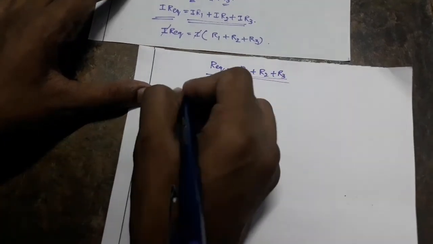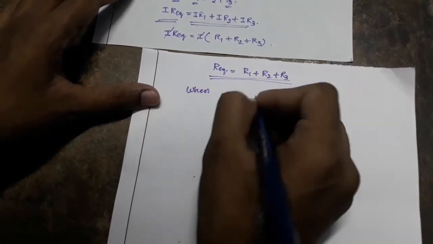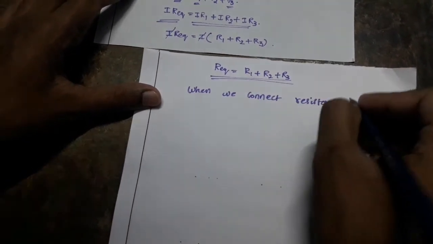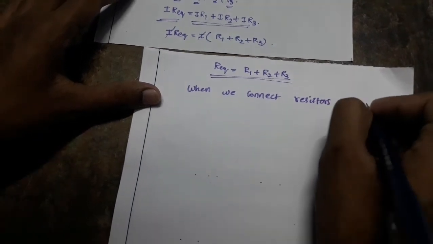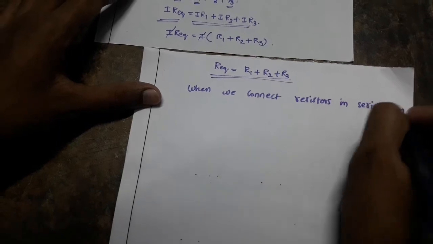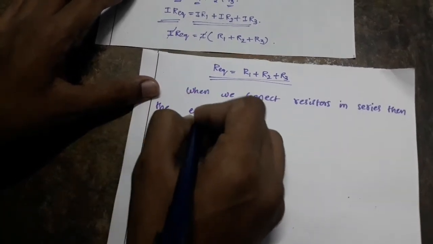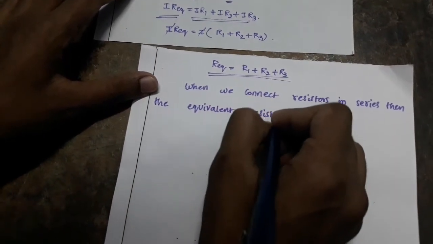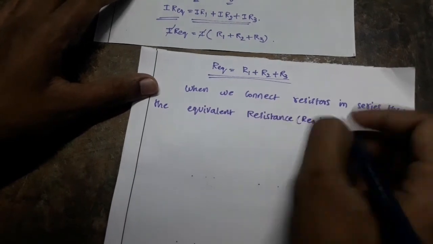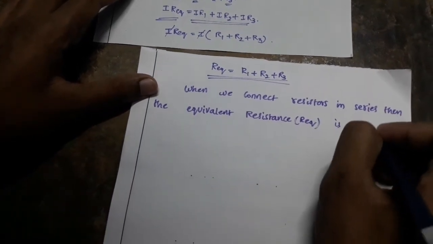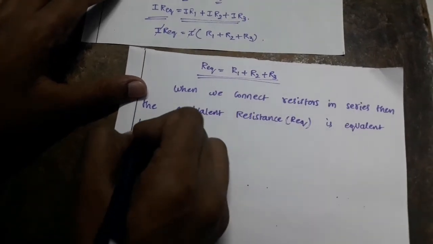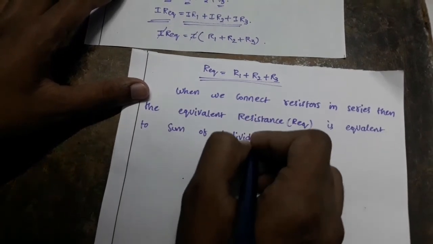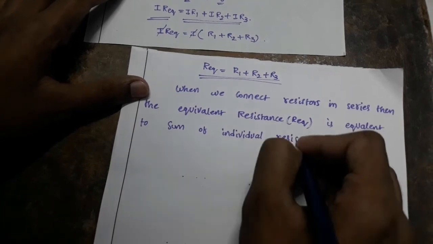When we connect resistors in series, then the equivalent resistance, that is R equivalent, is equivalent to the sum of individual resistances.